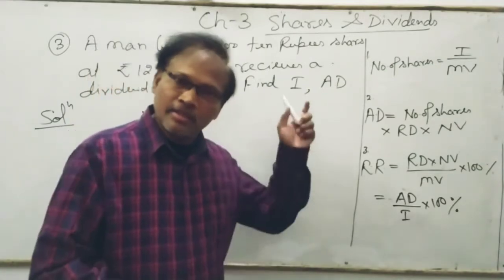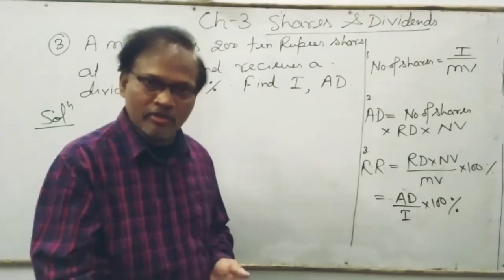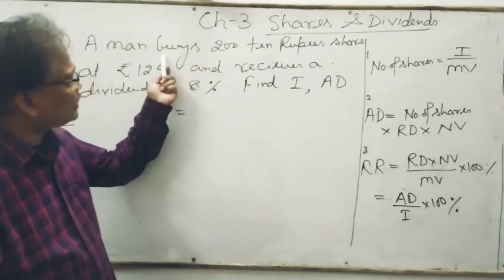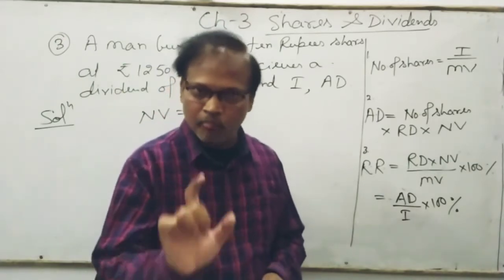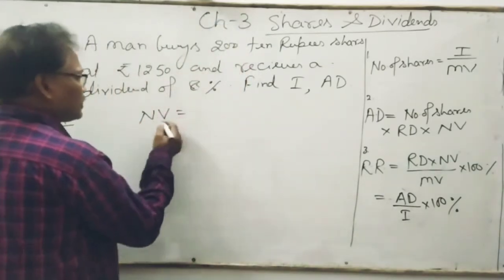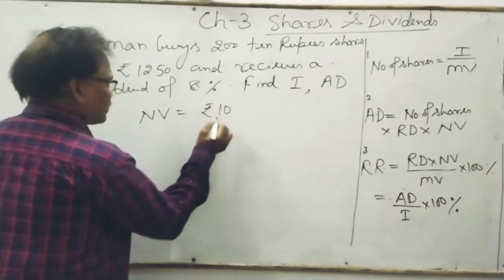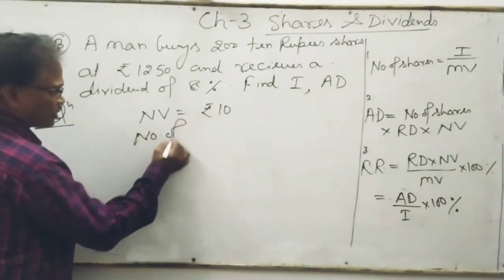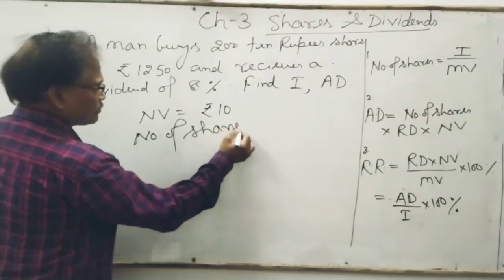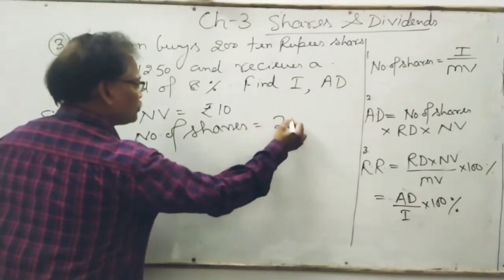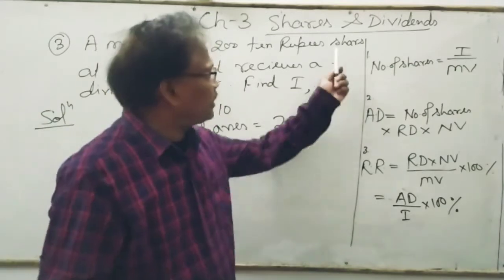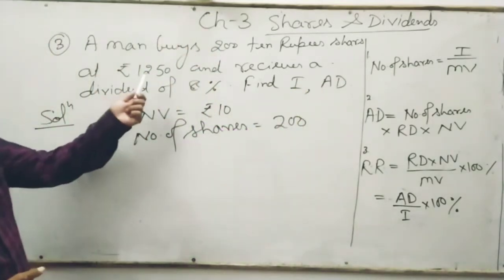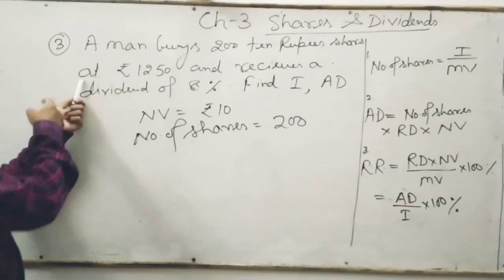It means 10 rupees is the nominal value and 200 is the number of shares. So rupees 10 is the nominal value and the number of shares is equal to 200.